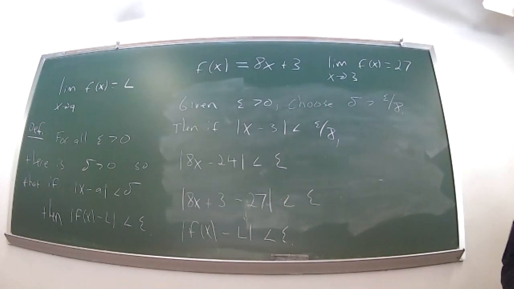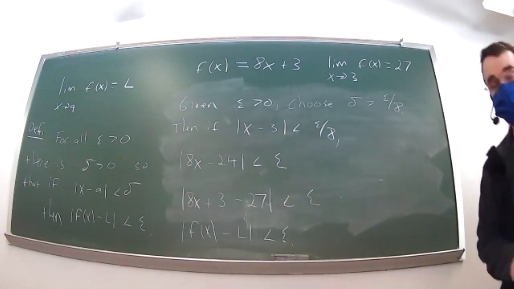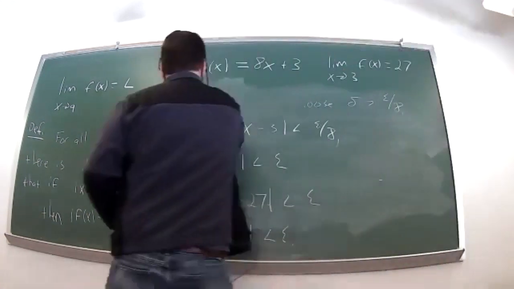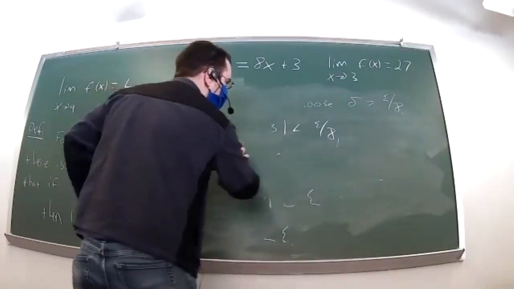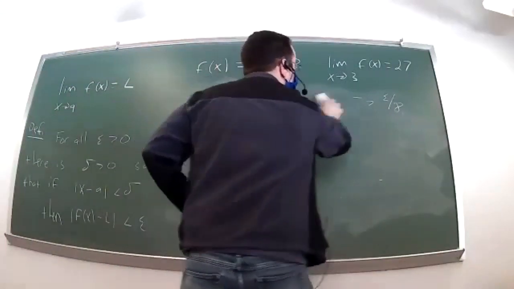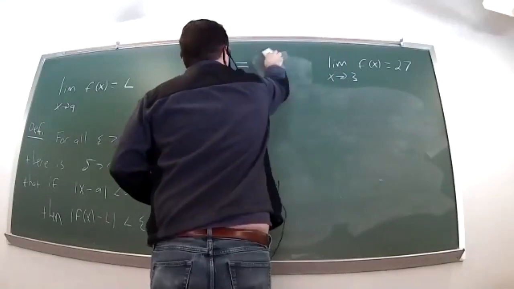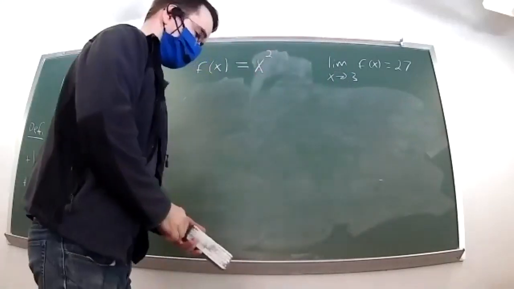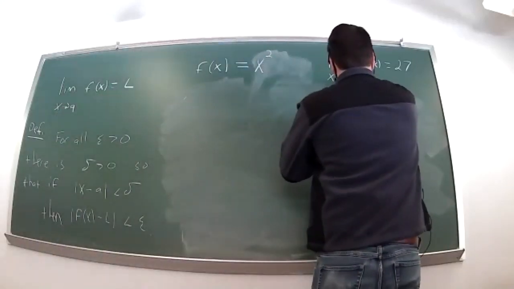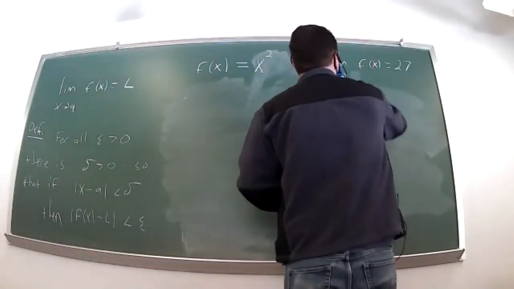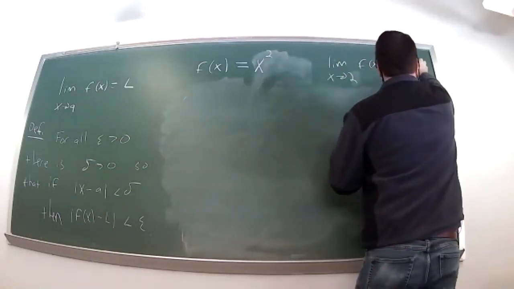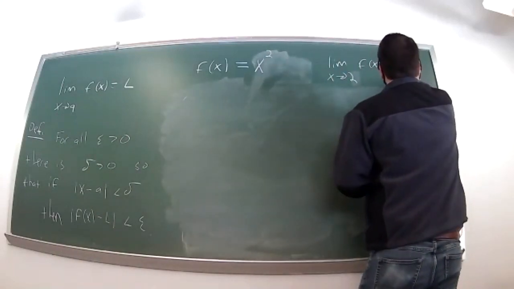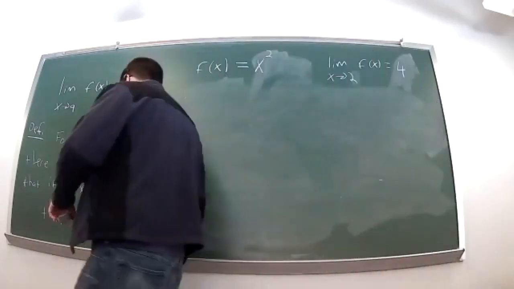Let's do some more examples. Let's prove that the limit as x goes to 2 of x squared is equal to 4. So again, this is something that you already know, that if f of x equals x squared, then the limit as x goes to 2 of f of x, you'll be able to get that just by plugging in: 2 squared is equal to 4.